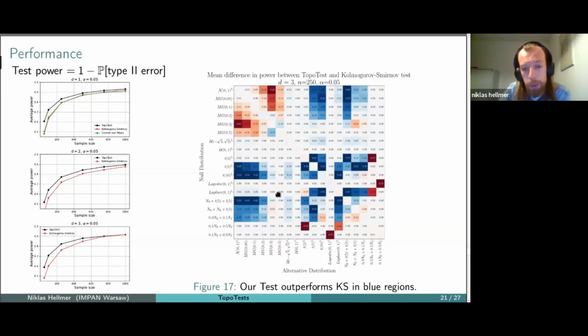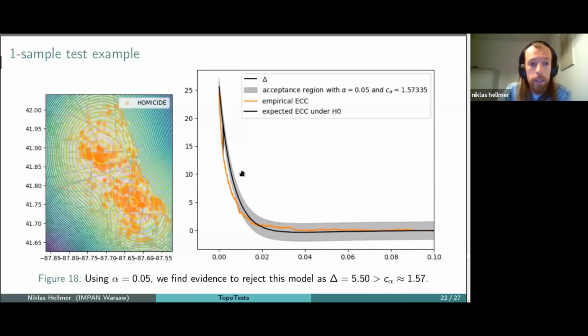One thing to maybe point out is that we do a much better job than Kolmogorov-Smirnov when distinguishing a Student t distribution from a normal distribution. Okay, so this is something that is very hard for Kolmogorov-Smirnov, but we have an easier time doing that. And I finally owe you some answers to the questions I raised in the beginning.